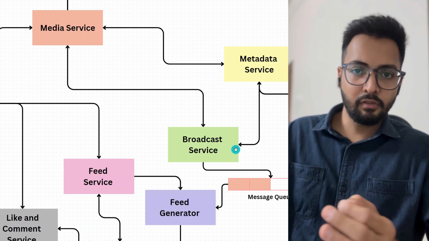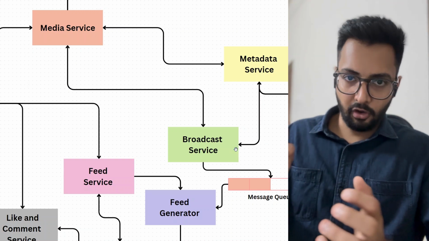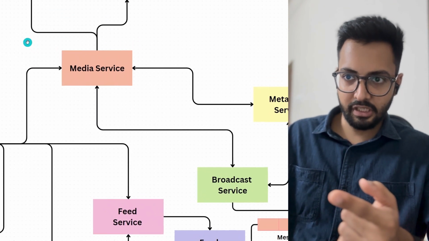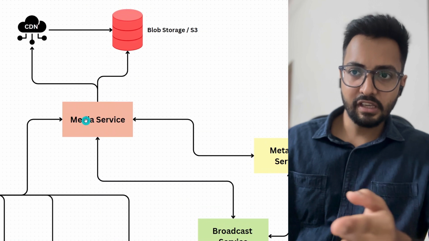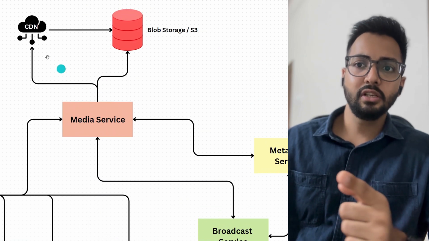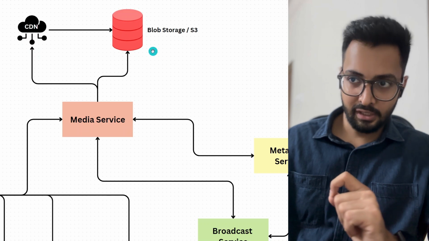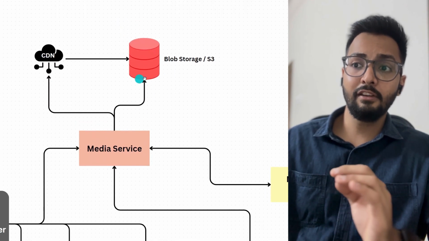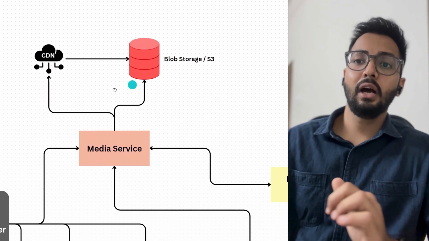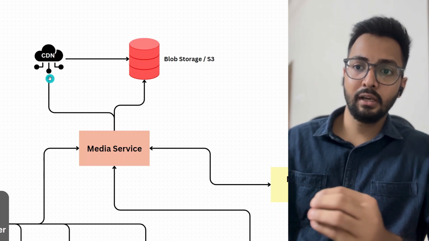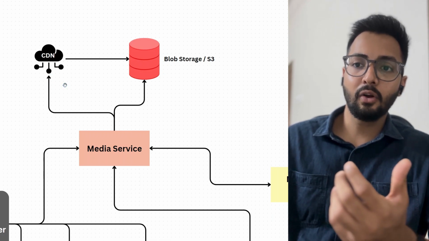The broadcast service will fetch all my followers and this media information as well. Now this media information would be fetched through CDN. Why not directly through the database? Because it need not go to blob storage every time. It will get the content from the CDN.